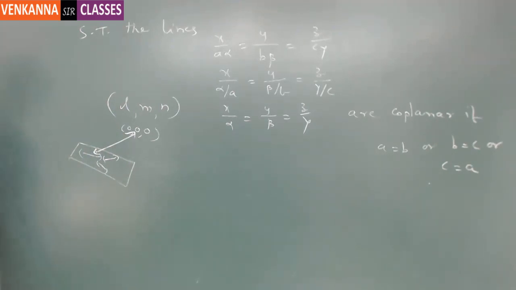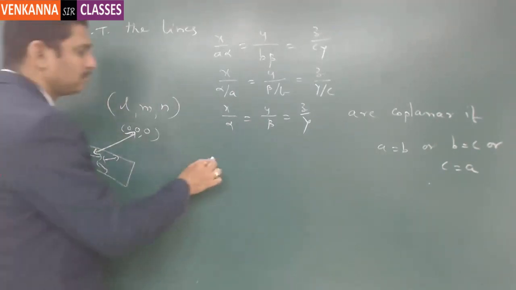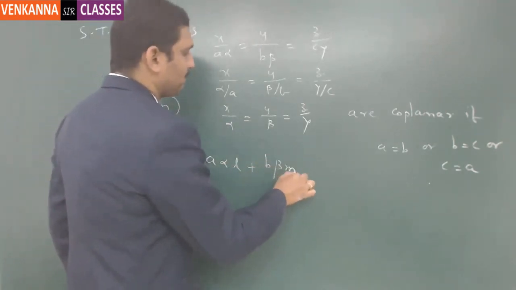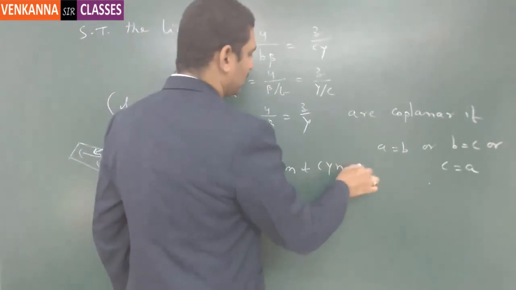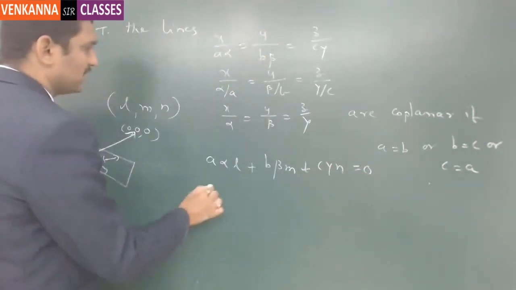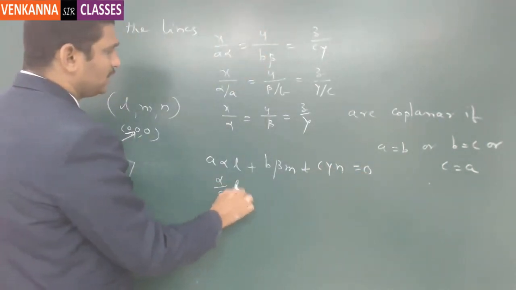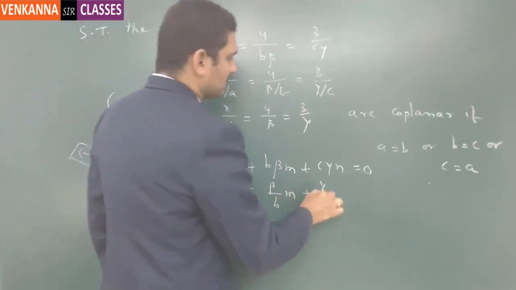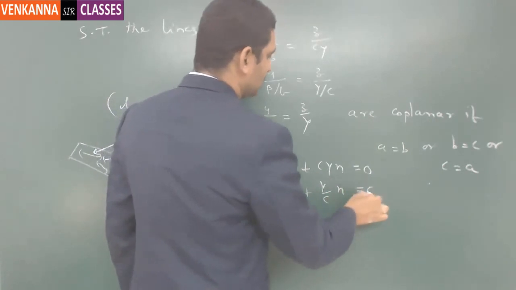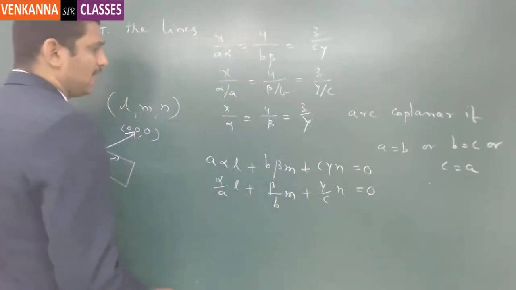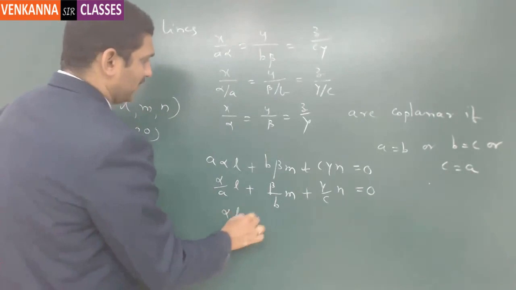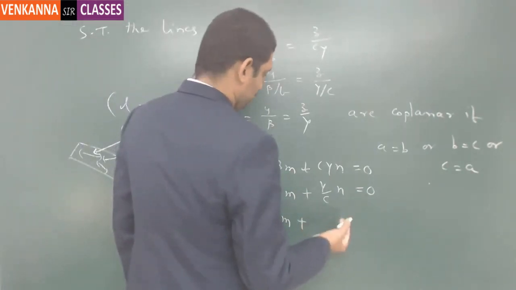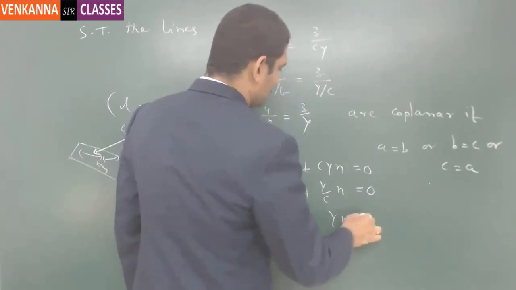So if you apply the perpendicularity condition, it will be A alpha L plus B beta M plus C gamma N equal to 0. Therefore, the second one, alpha by A into L plus beta by B into M plus gamma by C into N is equal to 0. And you have alpha L plus beta M plus gamma N is equal to 0.